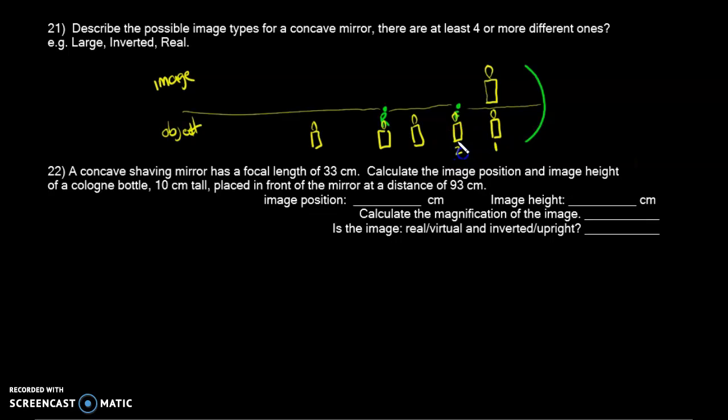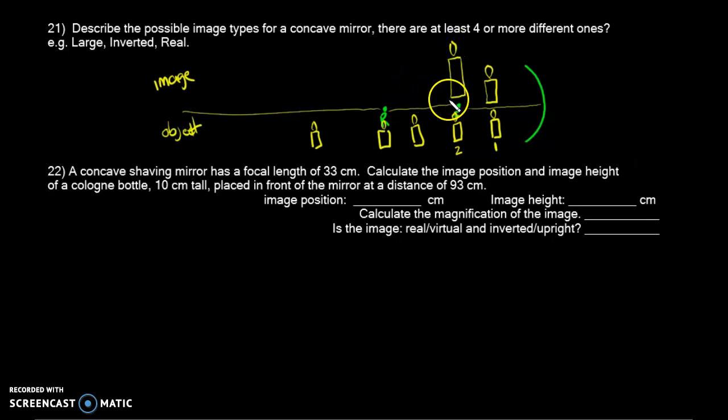For point 2, we saw this with the professor in the video for lab procedure 2. He starts with his nose up against the mirror, and his face looks larger than it actually is, but it's upright. As he moves back to the focal point, his face gets huge. In this case, our candle gets huge, but it is still upright.